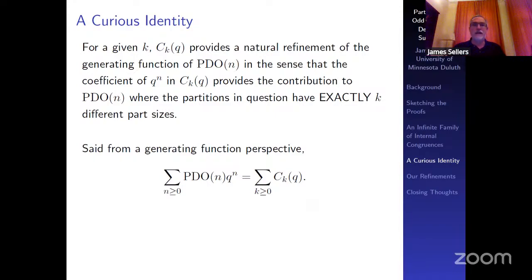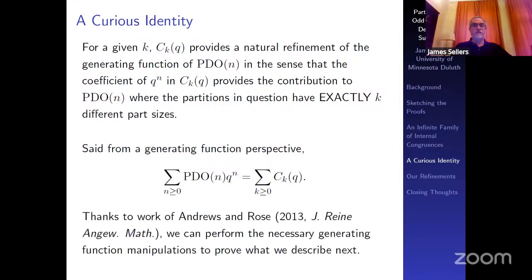So the focus now is not on the weight, the focus now is on the number of parts. Fantastic. And as far as I know, no one has seen or thought through using McMahon's A sub k and C sub k in this kind of a connected way with the PD function and the PDO.